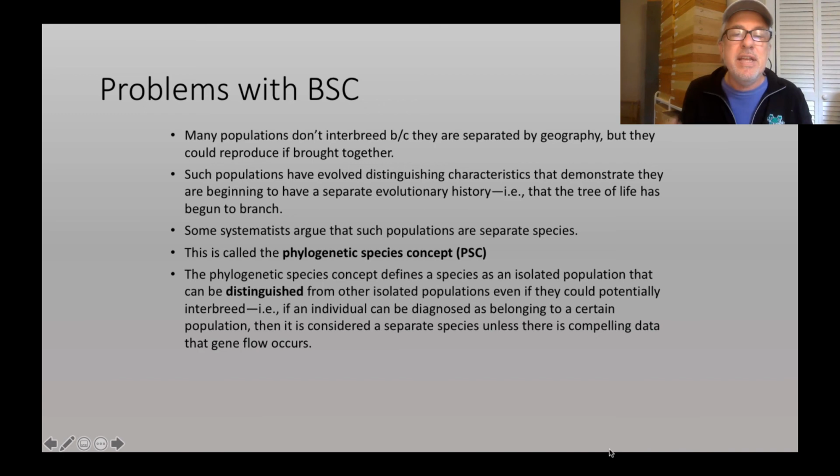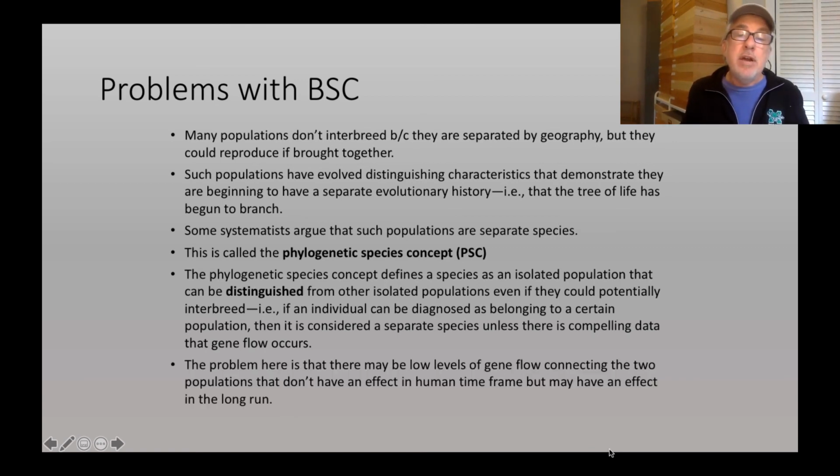That means that if an individual can be diagnosed as belonging to a certain population, if we can look at it and say, oh, that individual there came from the population on the east side of the Andes, and that individual there came from a population on the west side of the Andes, then they are two different species, unless there is compelling data that gene flow is occurring.